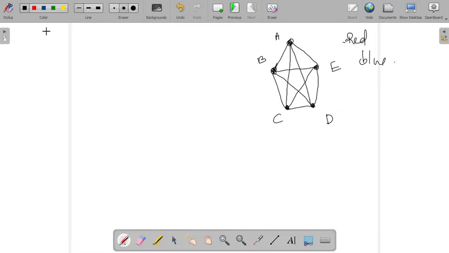So if I take the coloring like this, I color all the inner edges red, and I color all the outer edges blue.